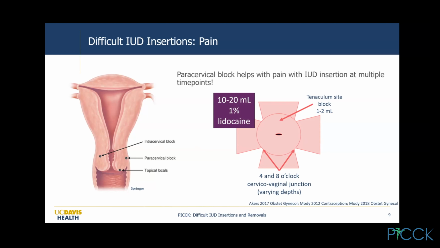And there was a study that was actually done by Dr. Trock's group a few years ago that showed that an intervention demonstrating to advanced practice clinicians on how to use cervical dilation and a paracervical block allowed them to actually place more IUDs at the time that the patient has requested it, rather than having to refer to another time.